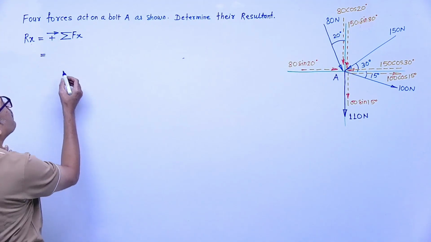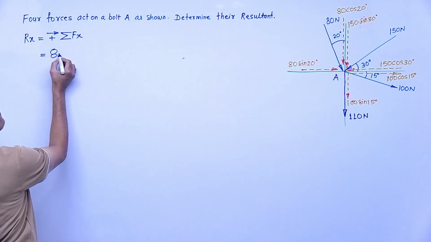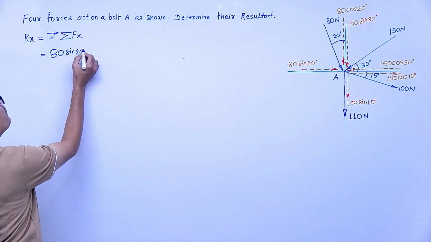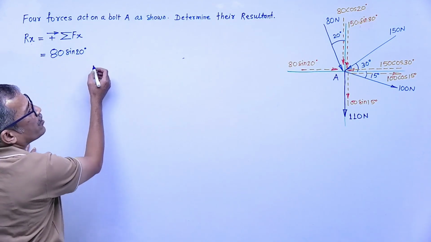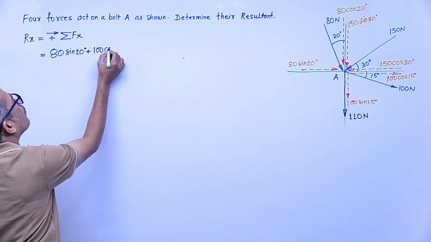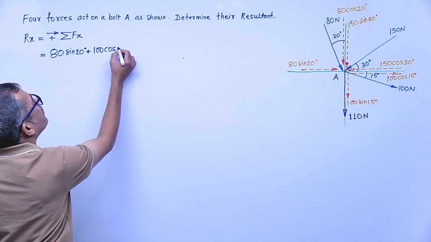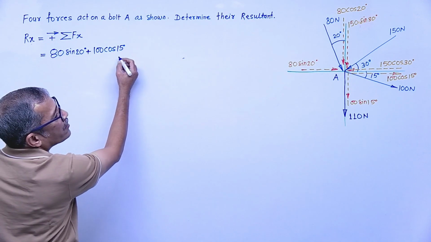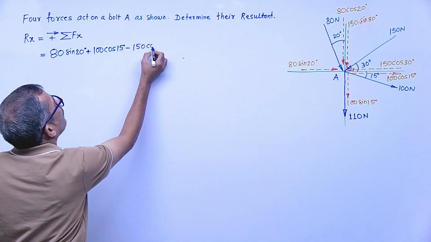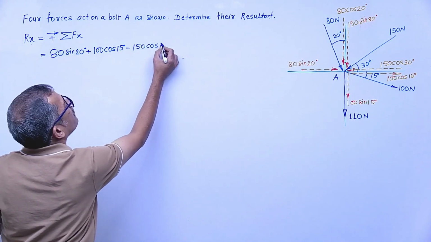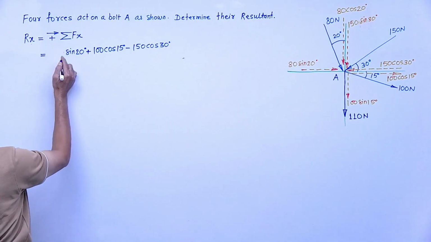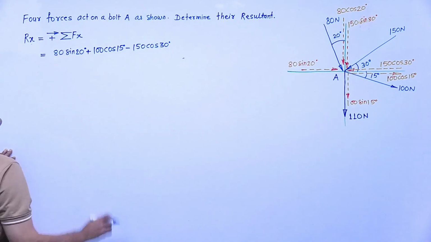Rx equals 80 sin 20 plus 100 cos 15 minus 150 cos 30 degrees.